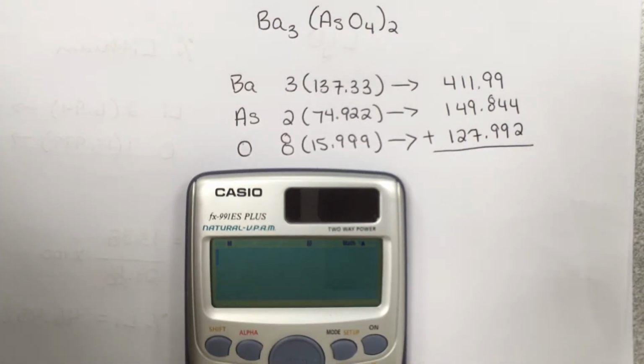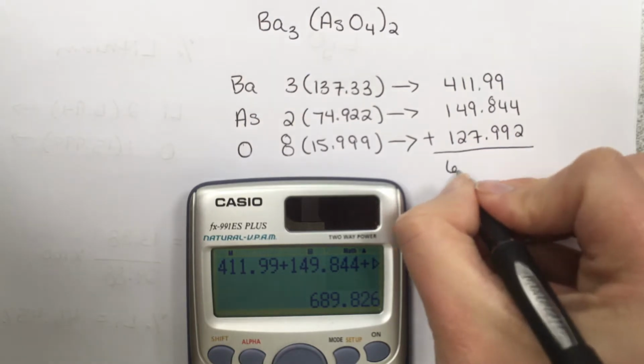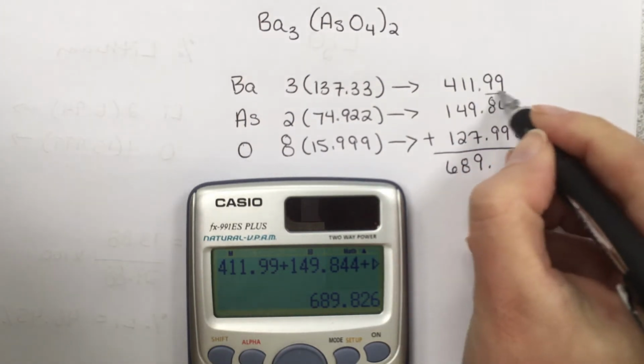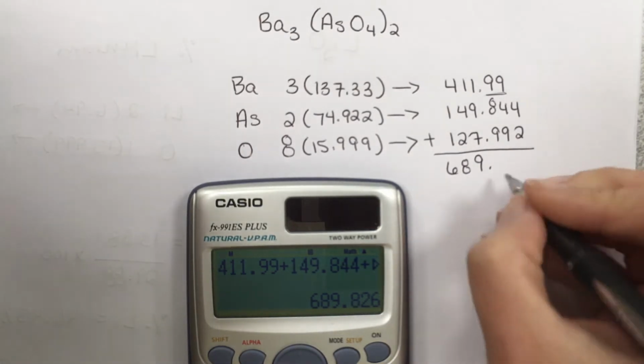All right, now we're going to add all 3 together. Comes out to be 689 point, we kind of got to stop after 2 places after the decimal. So we're going to say 689.83.